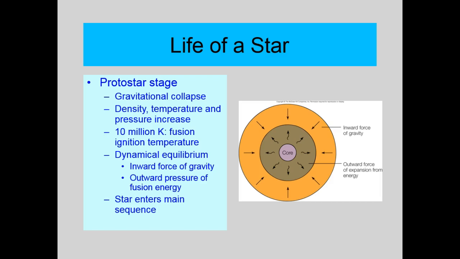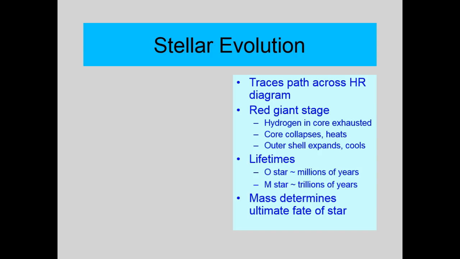At some point, though, the hydrogen in the core is exhausted. Okay? Remember we said the sun has used about half of its hydrogen up. Okay? So it's about halfway through its normal life. Okay? Now, when that does occur, the hydrogen is used up, guess what?